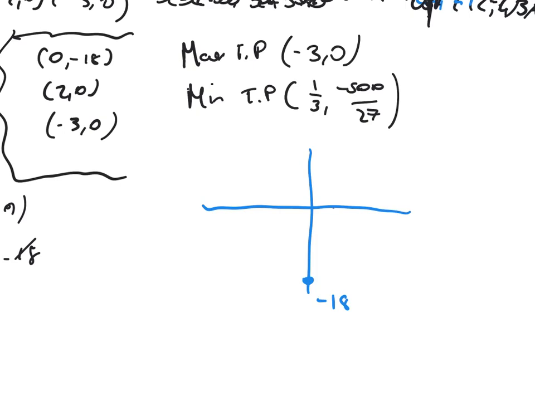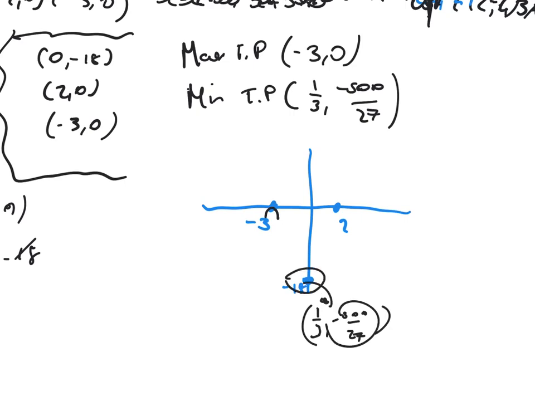I'm now cutting also at 2, 0, which might be about there, minus 3, 0, which may be there. So I've got a max at (-3, 0), a min at (1/3, -500/27), which is a bigger negative result than minus 18. And the curve may look something like that.